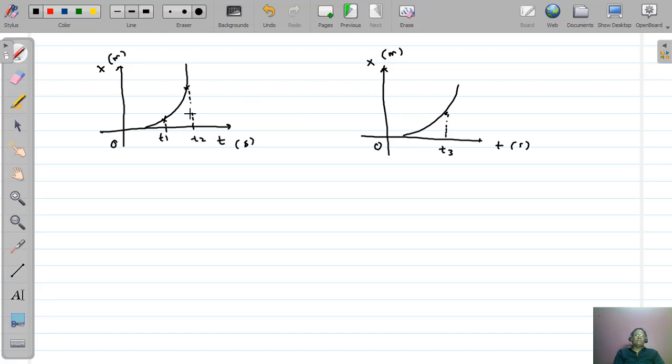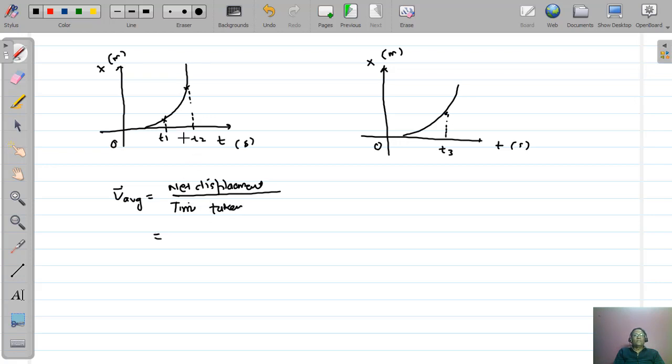So to find the average velocity, we have said that average velocity is net displacement by time taken.